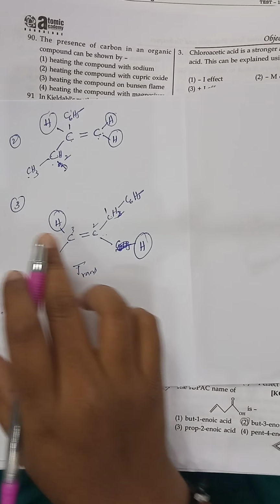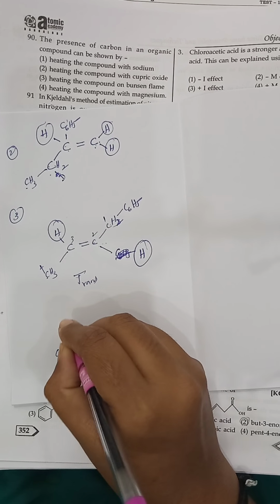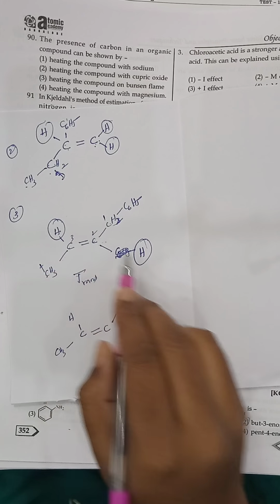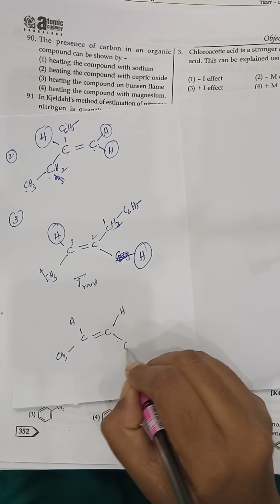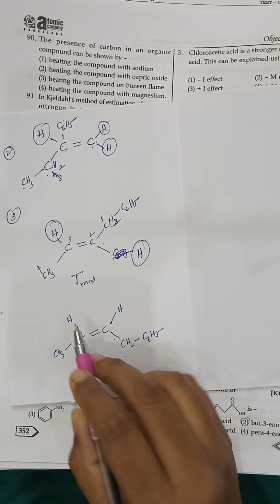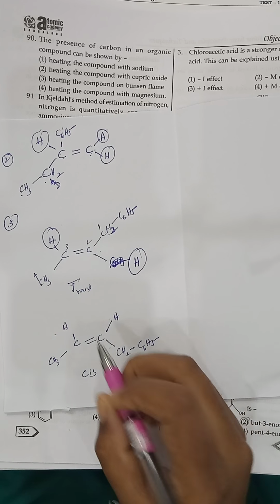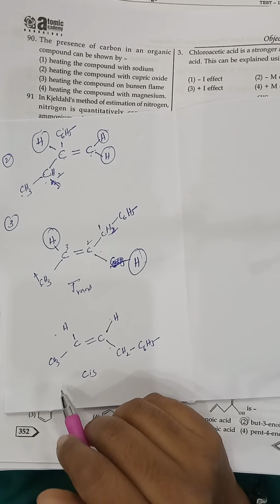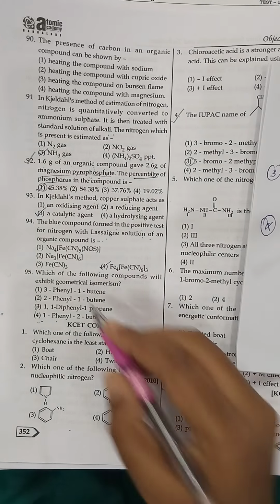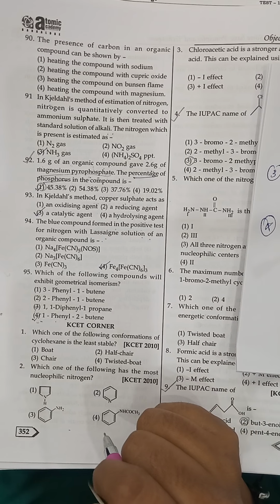If you write these two similar groups on the same side, that is CH3, C, H, double bond C, and here write H. So these two are similar, they are present on the same side, CH2 C6H5. If two similar groups are present on the same side, that is said to be cis. If they are located on opposite sides, that is said to be trans. Now the fourth one can show this kind of isomerism, geometrical isomerism.